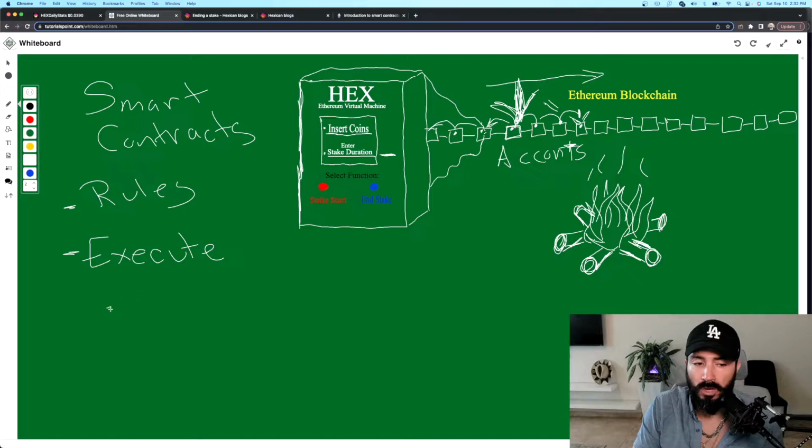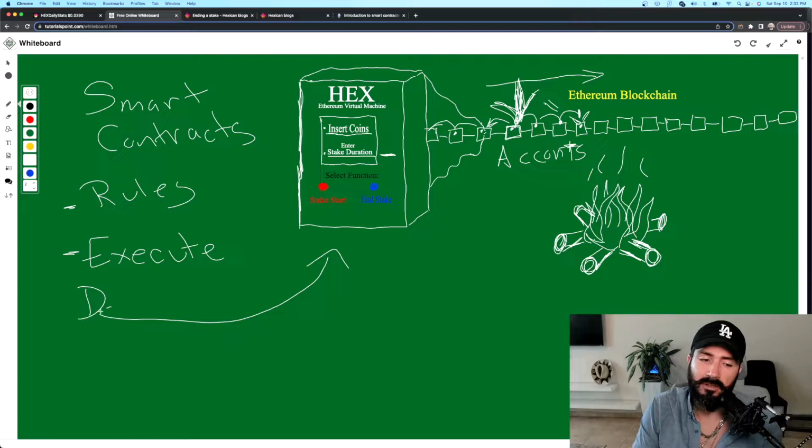you walk up to the virtual machine, think of it like a vending machine. You insert your coins that you bought at a different smart contract, which is known as a DEX, like Uniswap or 1inch or Matcha or whatever smart contract. So you acquire these coins, the HEX tokens or coins. You insert them into this virtual vending machine, and then you enter a duration.